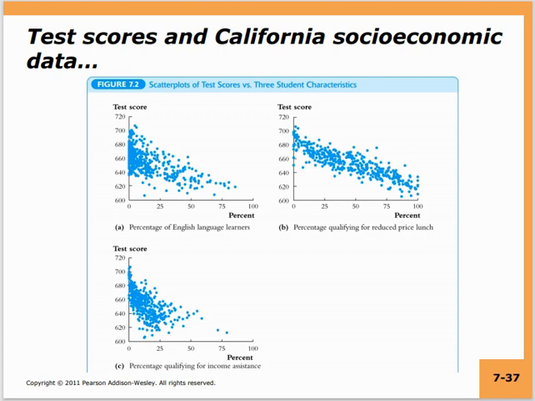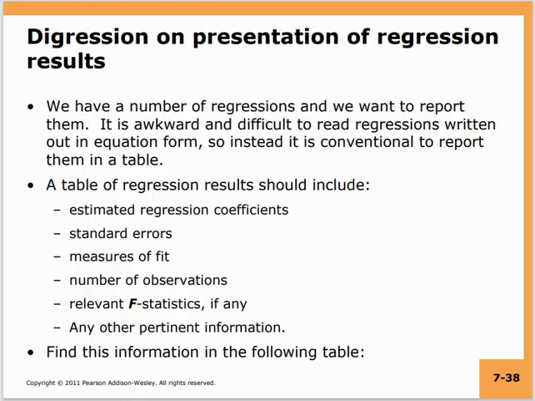But with reduced price lunch, we can see a very significant negative correlation with the number of students who are qualifying for reduced price lunch. So that variable seems to be a good proxy variable for the economic background of the student.